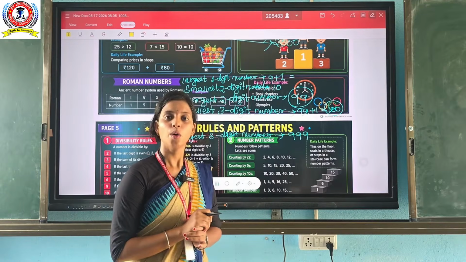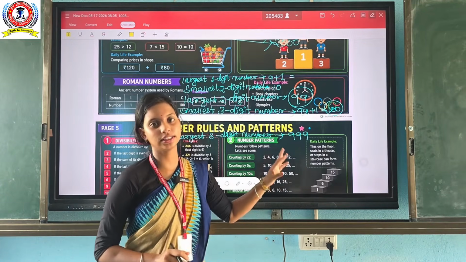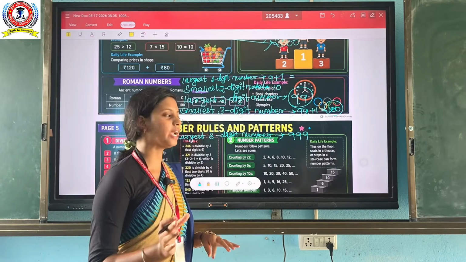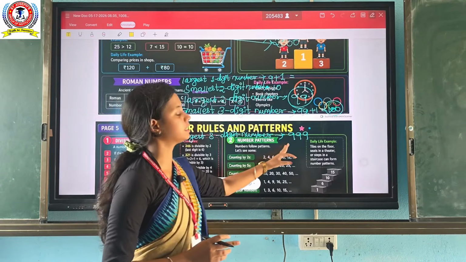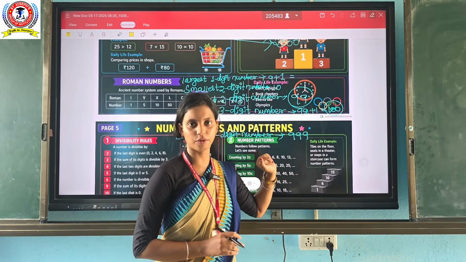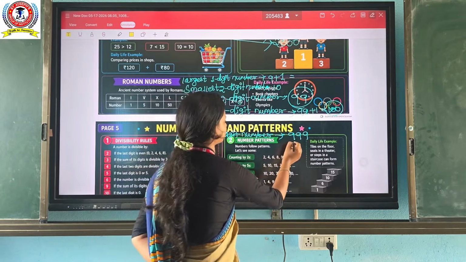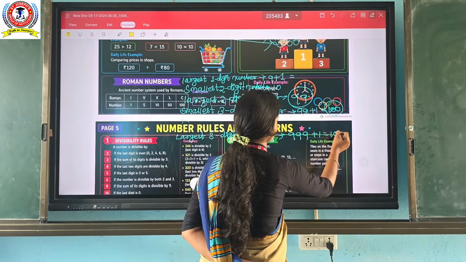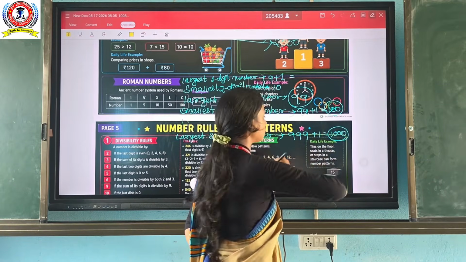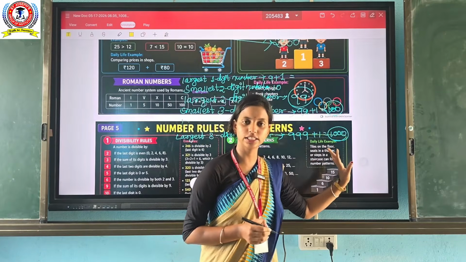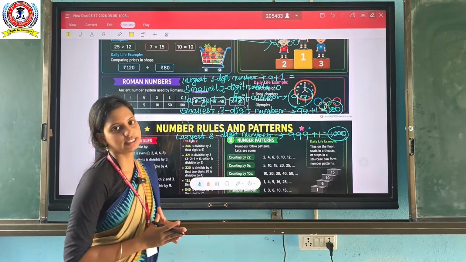Which one is the four digit number? So the largest three digit number is 999. When we add 1 to this largest three digit number, we get the smallest four digit number, which is 1000. So 1000 has 4 digits, means this is the smallest 4 digit number.